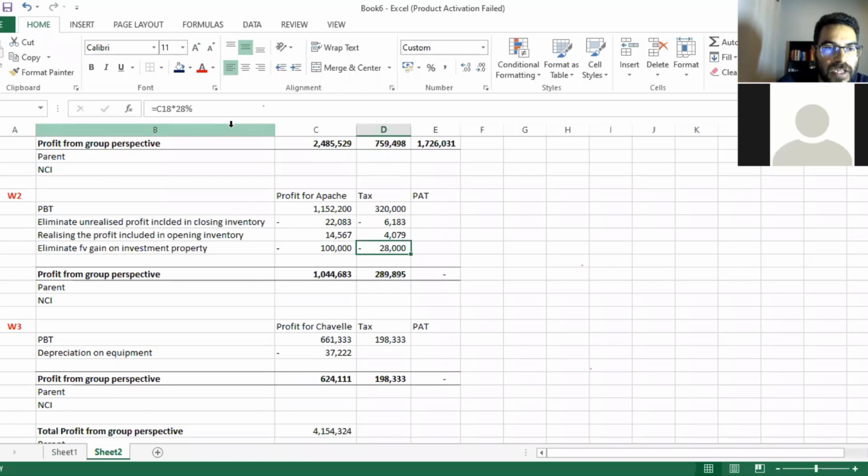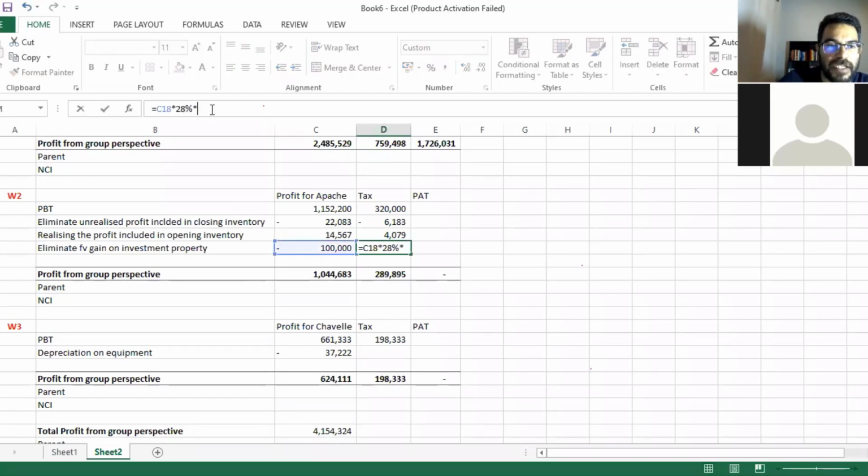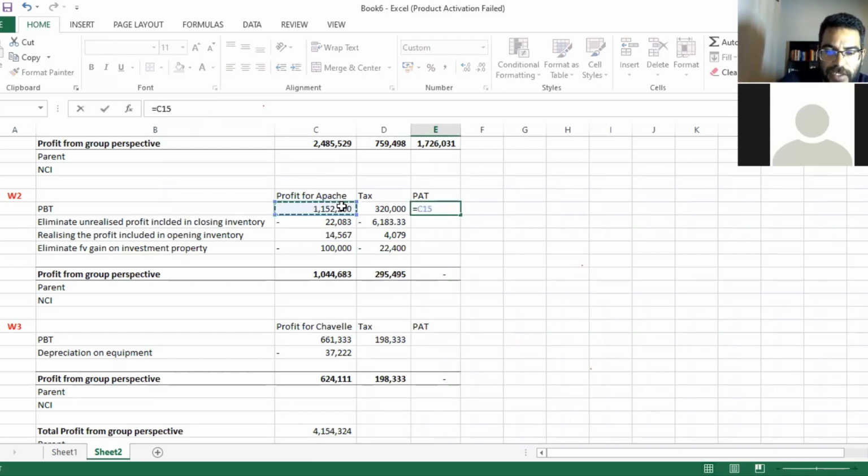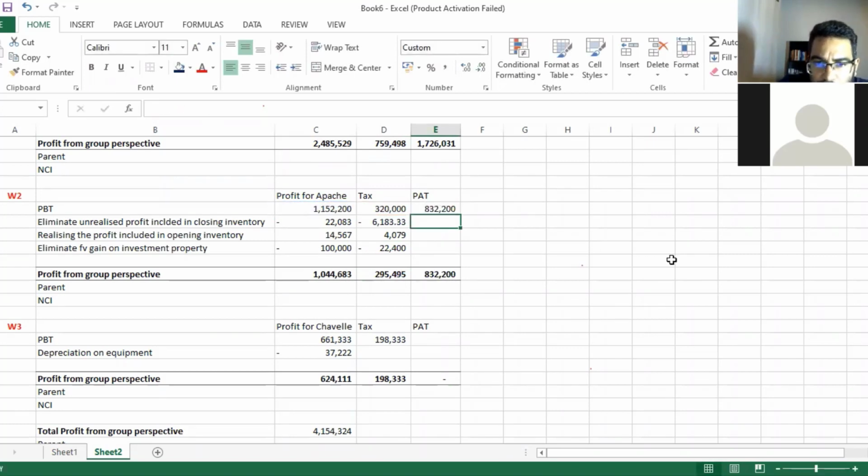So we have to still multiply this by the CGT rate, which is 80%. So just be cognizant of that. So if I can do that minus that, okay, and I can just basically drag this down.